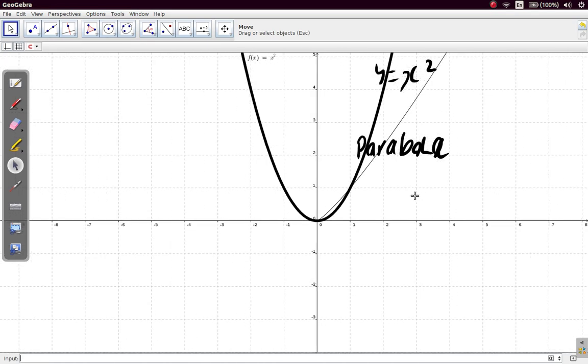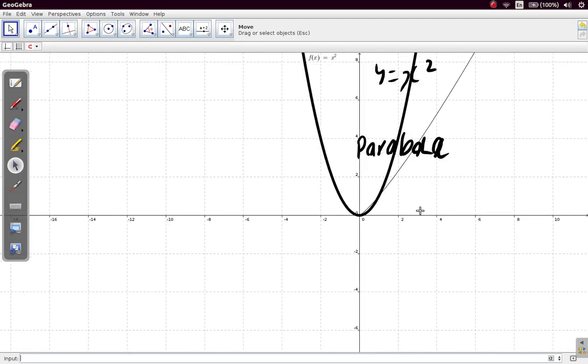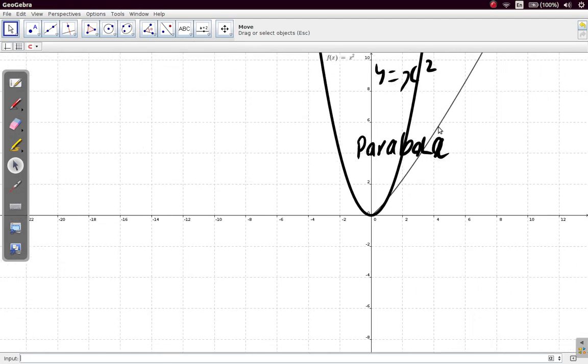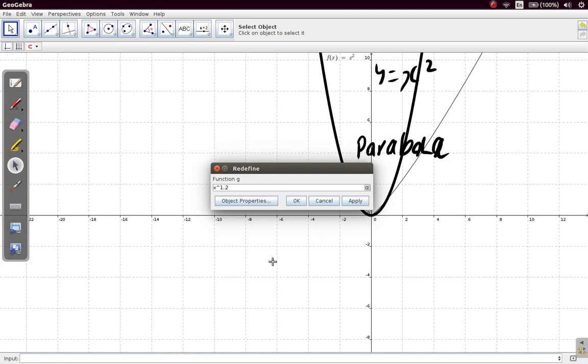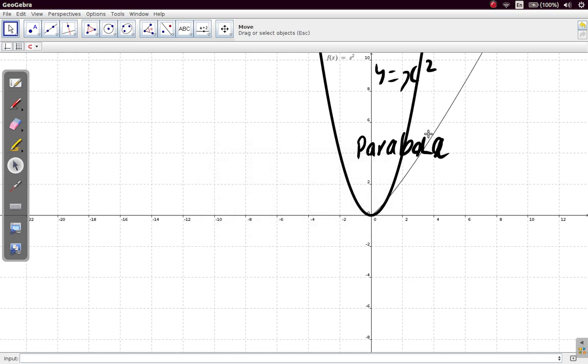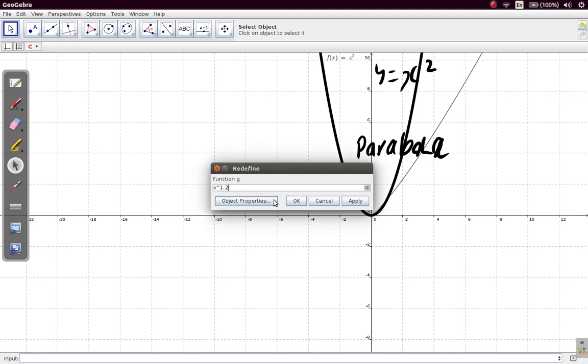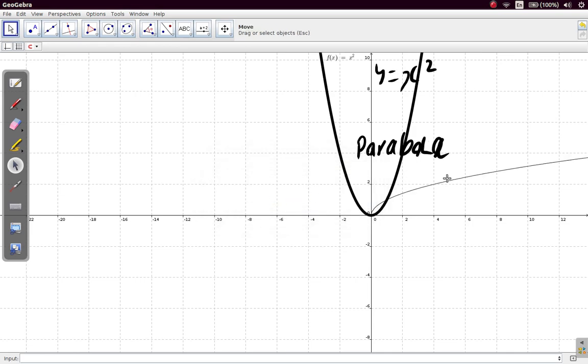Let me zoom out. Right, this is x raised to the power of a half. I need to put the half in brackets. Put 0.5, x raised to the power of 0.5.